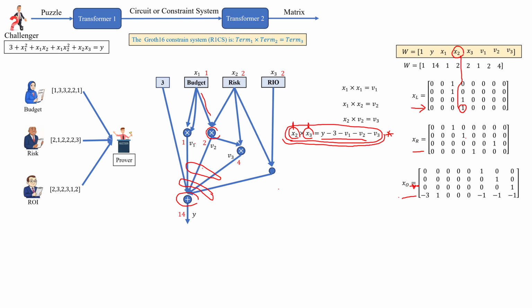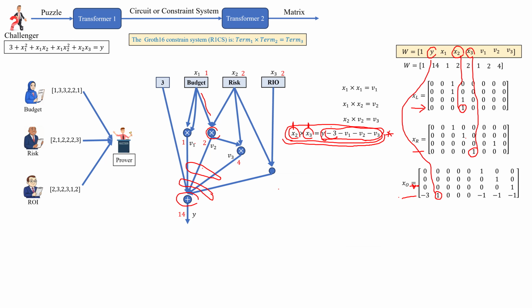So the right input of gate number 4 is x3, and that's the reason I'm going to replace the value of x3 in the row number 4 of matrix XR. Now, this is the output. So the output of gate number 4, we have y. So that's the reason I'm going to replace the y by 1.